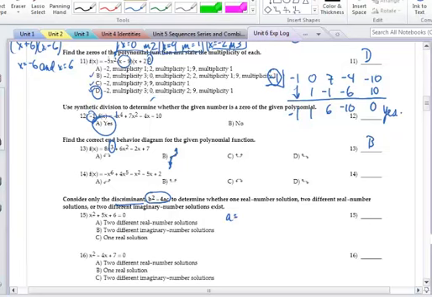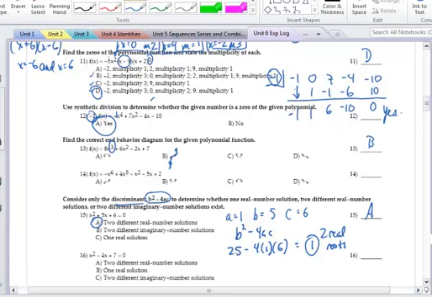The a value is 1, the b value is 5, and the c value is 6. So b squared minus 4ac will equal 25 minus 4 times 1 times 6, so that's going to equal 1. That means we have two real roots, and that would be choice A.